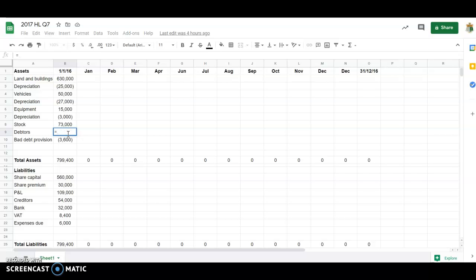If you take the 86,400, divide it by 96, and then multiply it by 100, that gets you back to the debtors figure before you took away the bad debt provision. I get 90,000 as the debtors figure. The bad debt provision is then 4% of 90,000, and that's your 3,600.